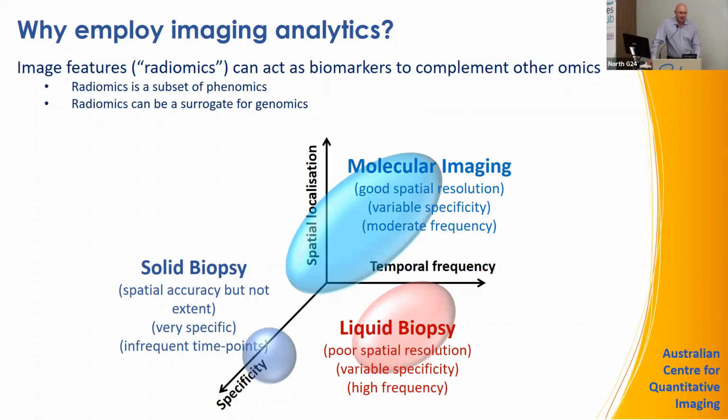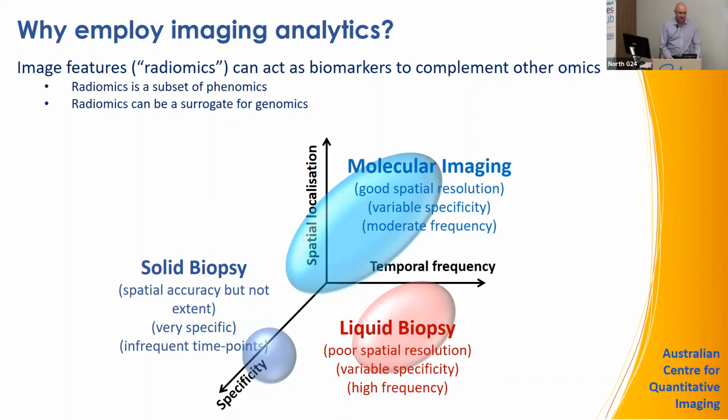So molecular imaging helps us span that space somewhat. But imaging could have variable specificity, but we can generally image with reasonable frequency, and it gives us spatial information from the millimetre scale up to the whole extent of the body.